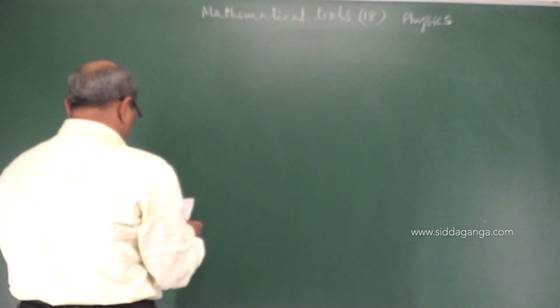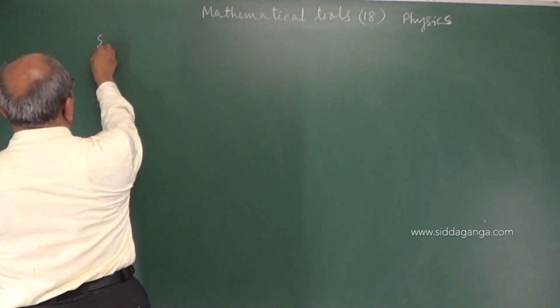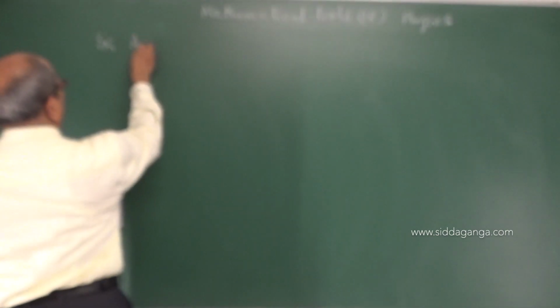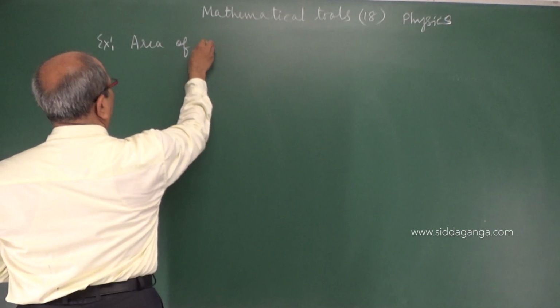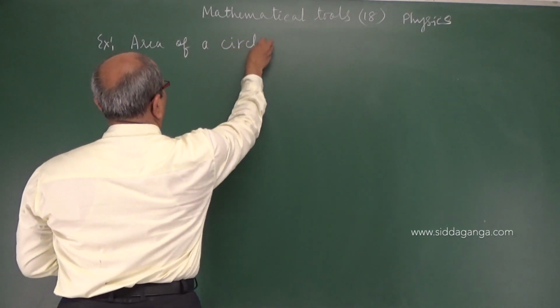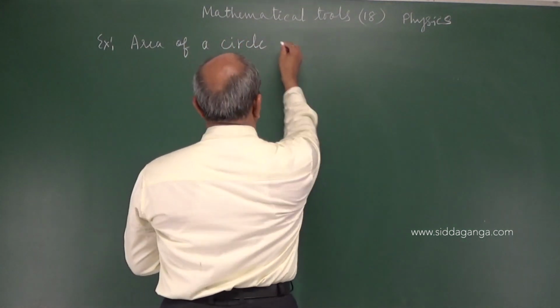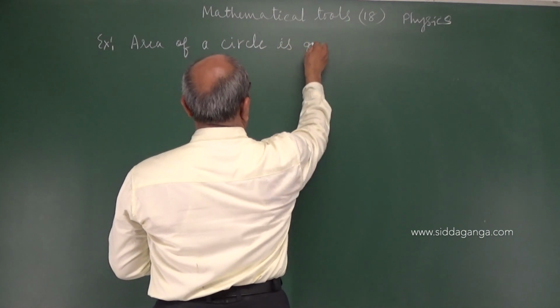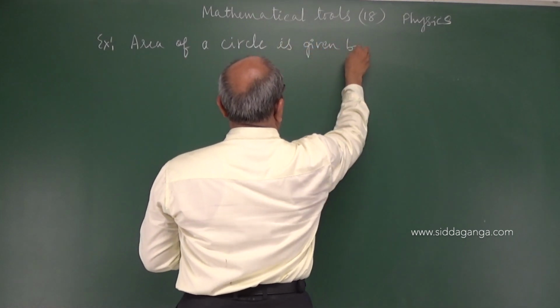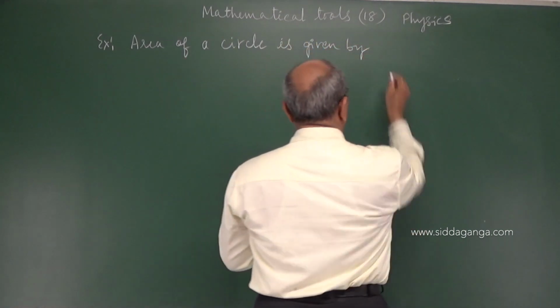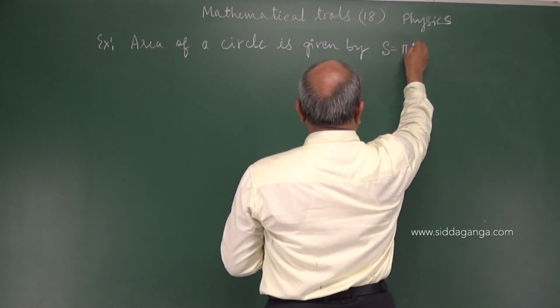So the next question is: the area of a circle is given by S equal to pi r square.